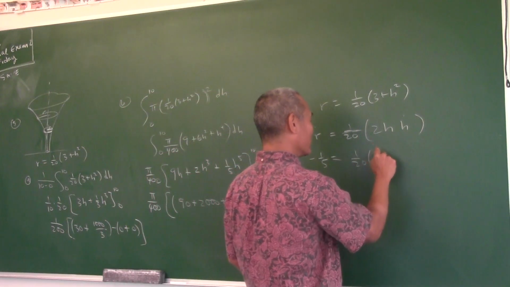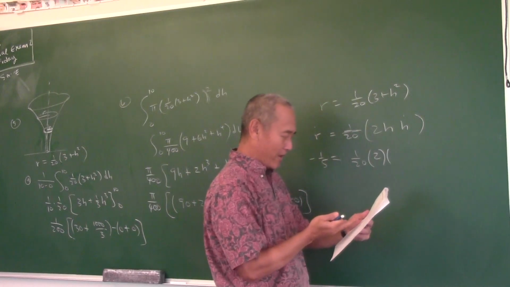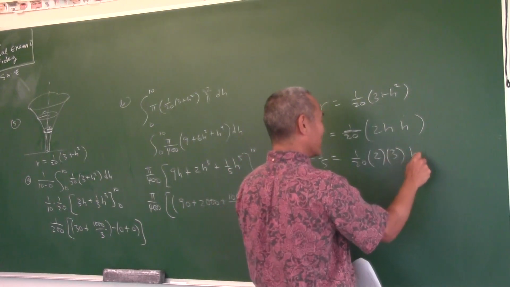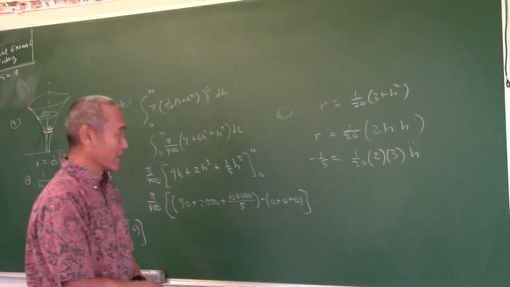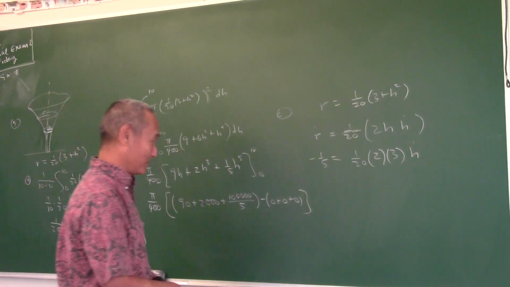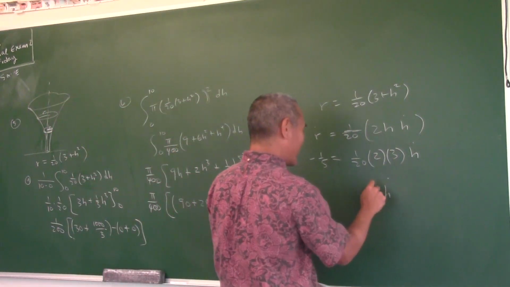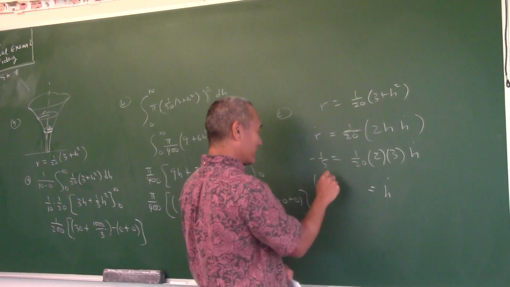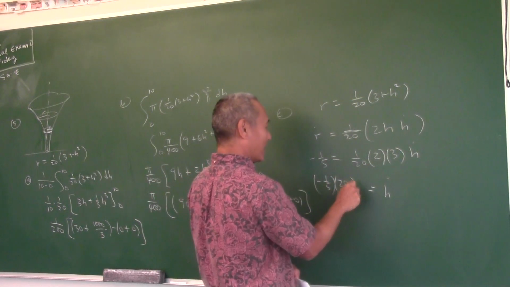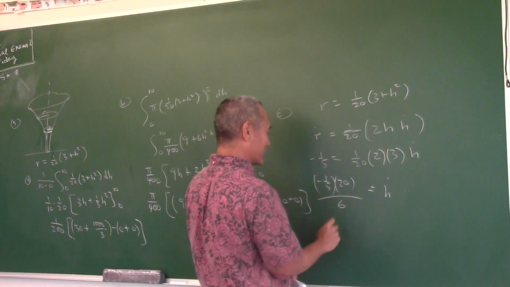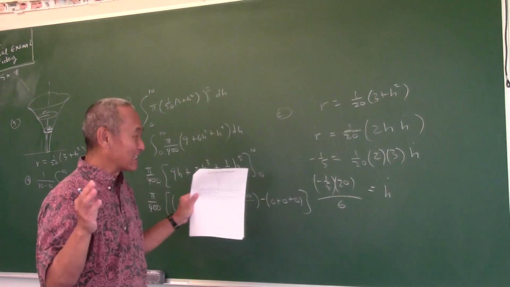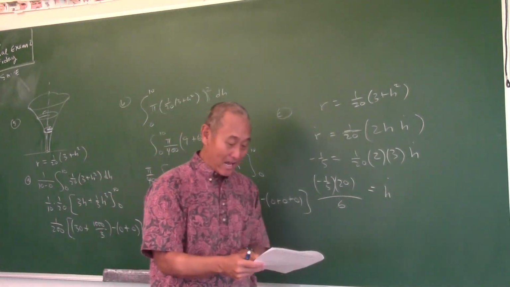1/20th times 2 times h, and they told you at the moment in question, h is 3, h dot. Can you compute what h dot is? I think so. So h dot is equal to negative 1/5, you got to multiply by 20, and then you got to divide by the 2 times 3, which is 6. Leave it. Now, they didn't even ask you for units.